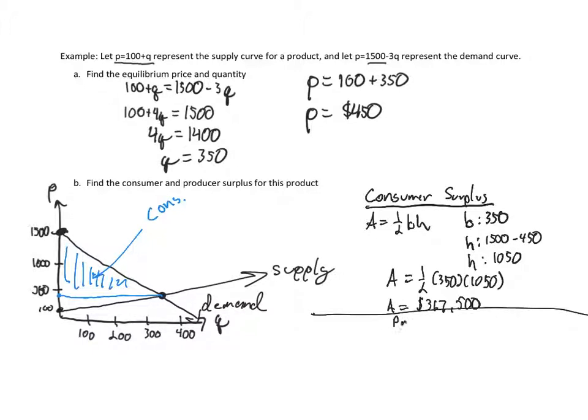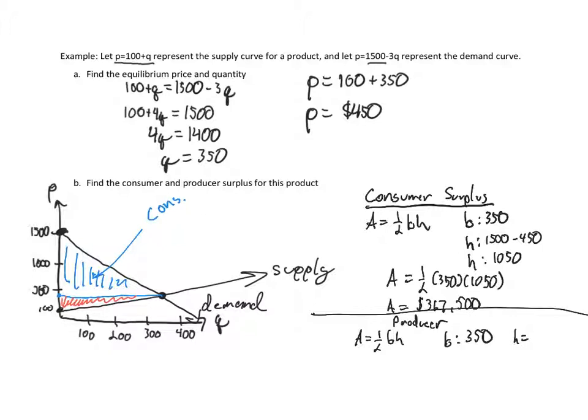Now let's look at the producer. The producer surplus would be this red area, this red triangle. We know area equals 1/2 base times height. I would say the base there is going to be the same value. It's an upside down triangle, but it's going to have the same base as the consumer triangle, which is 350.